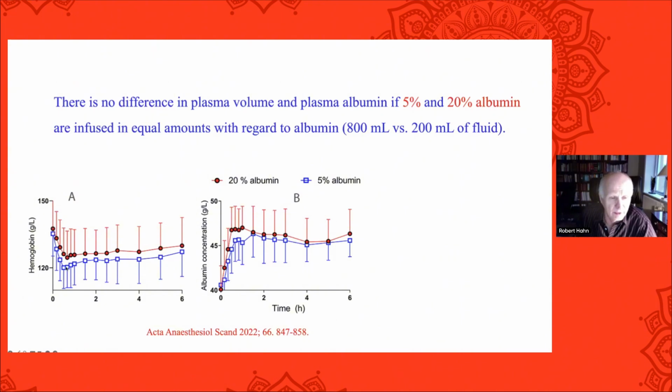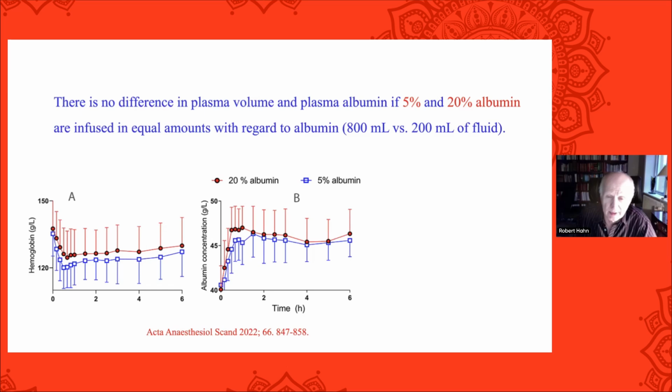Give it over 30 minutes, about 200 milliliters of 20% albumin, compared to 800 milliliters of 5% albumin, and then plasma albumin will be about the same too. So really 5% albumin is just 20% albumin where you have added a lot of saline.